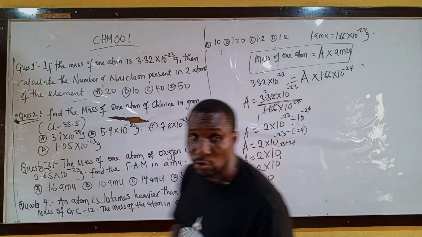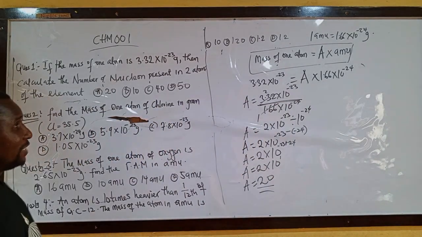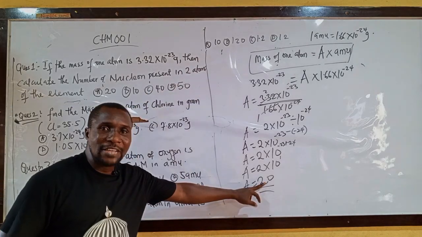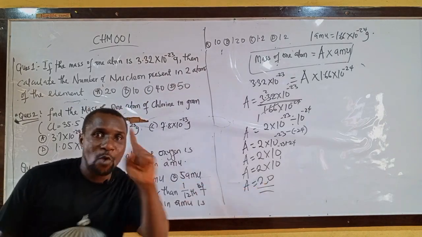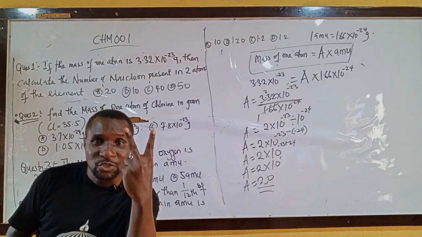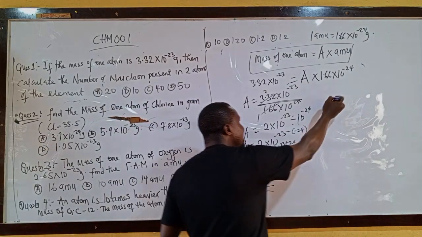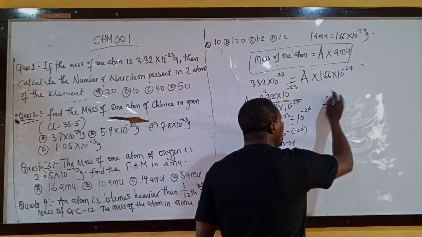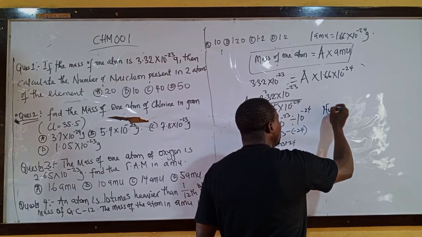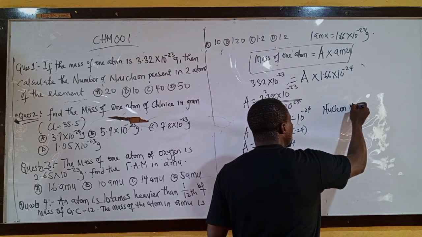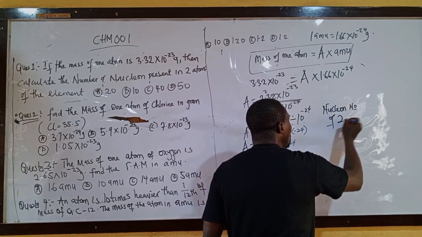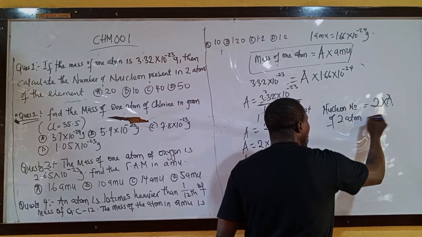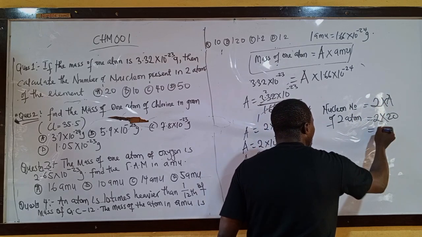That is the mass number, the nucleon number, of one atom is 20. But they say two atoms, so the nucleon number of two atoms will be 2 times A. Therefore, 2 times 20 gives you 40.